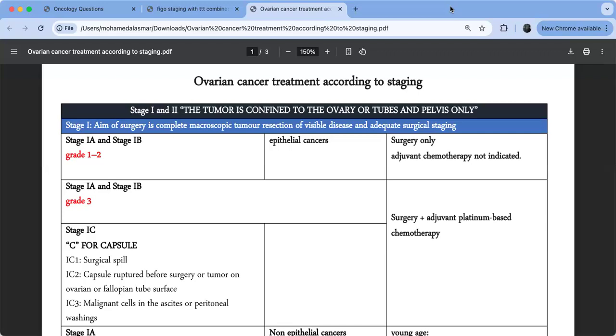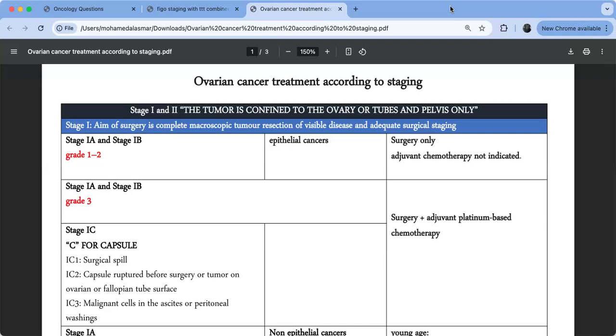Easy. Things are coming very easy with ovarian cancer. So let's say you have a patient with epithelial tumor, and she has stage 1. So of course, during the surgery, you are removing everything, right?